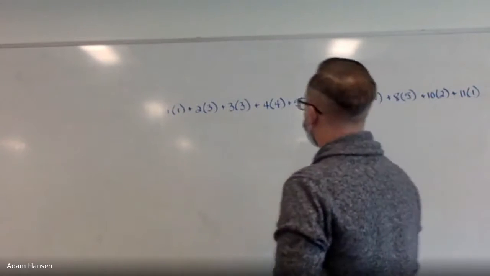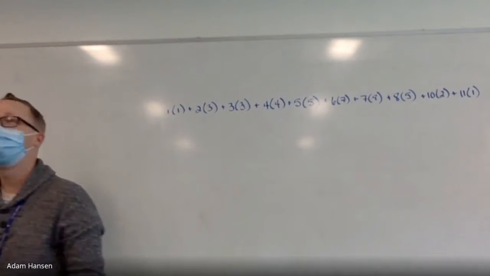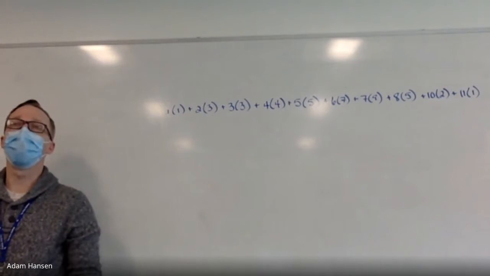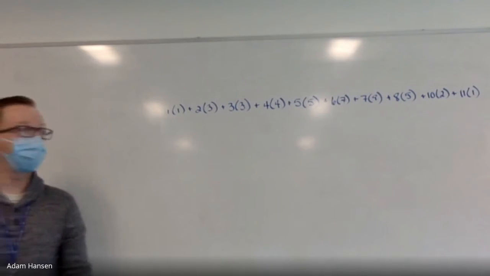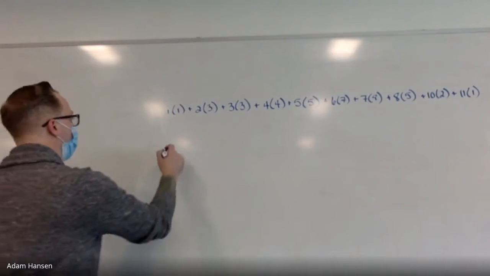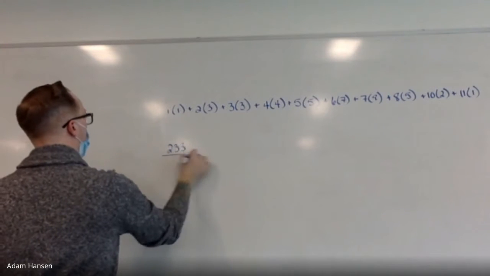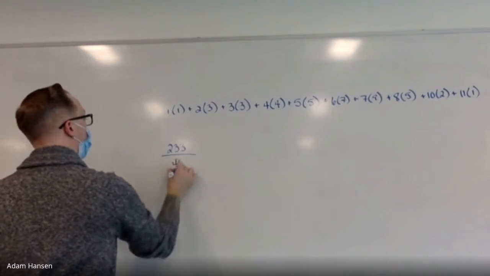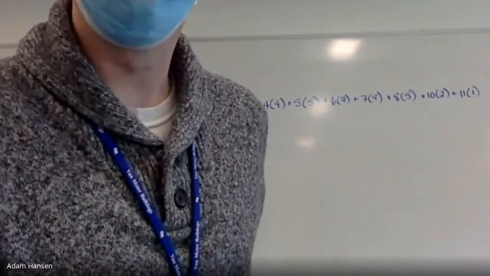All right, so that would be the number of puppies times how many litters had that number of puppies. What number is that when I multiply and add all those together? 233. Then I divide by what? 40, to get the average number of puppies per litter.